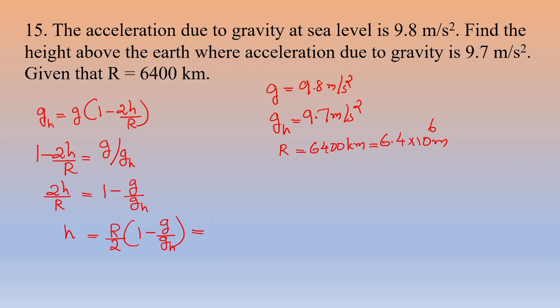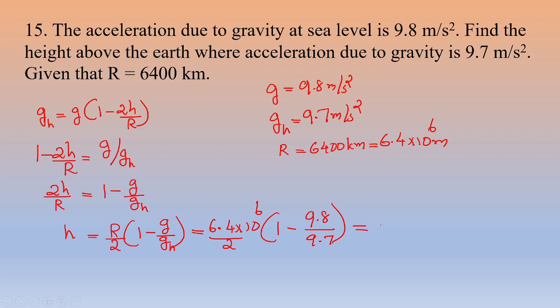Now we can substitute the values. That is, what is R by 2? That is 6.4 into 10 raised to 6 divided by 2, into 1 minus g is equal to 9.8 divided by gh is equal to 9.7.